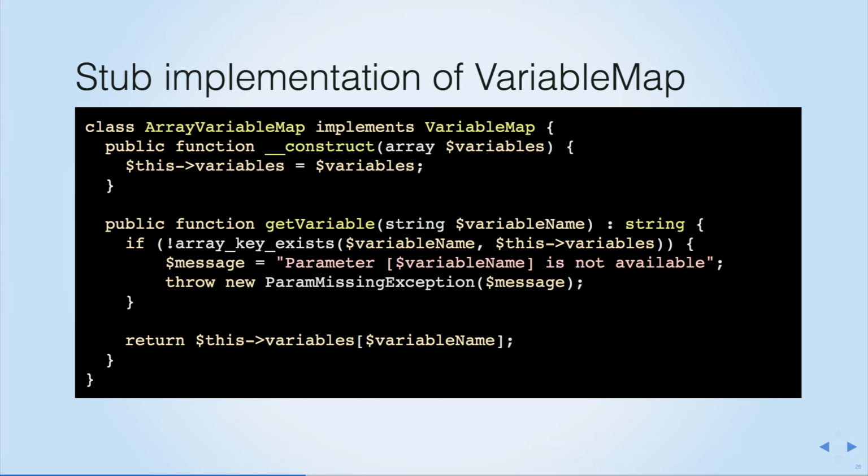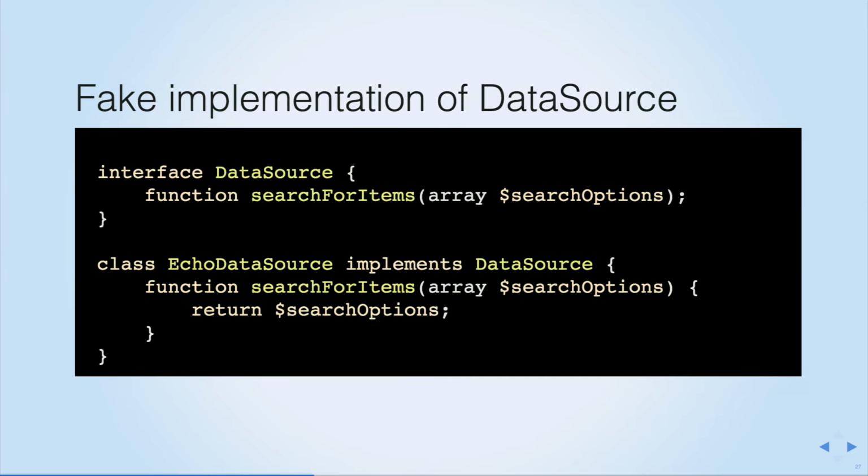For the test version, we're just going to create a version of variable map that takes an array to hold the variables, and again we implement the interface to read the variables from the array variable map. We can also create a fake implementation of the data source that's used in the controller.